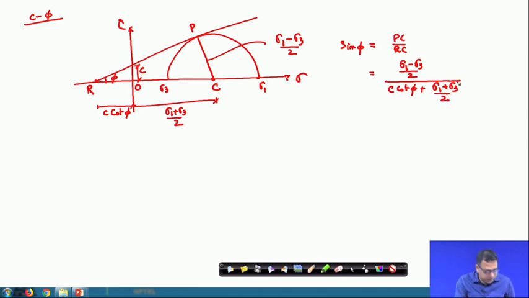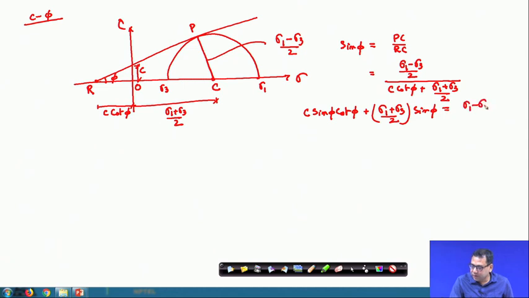Now I can write here that c cot phi plus sigma 1 plus sigma 3 divided by 2, multiplied by sin phi, will be equal to sigma 1 minus sigma 3 divided by 2.